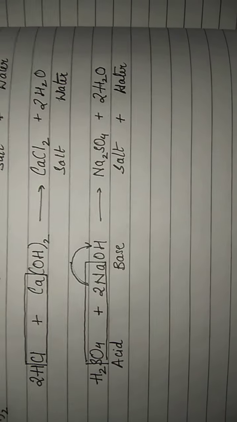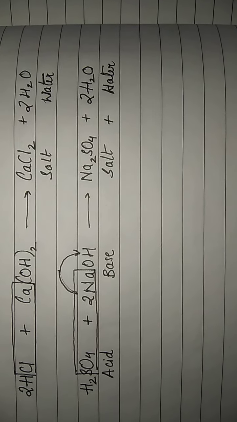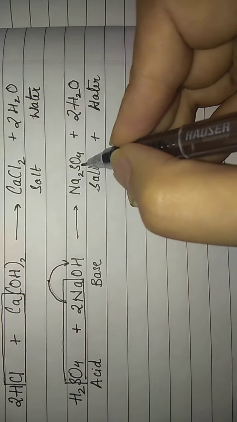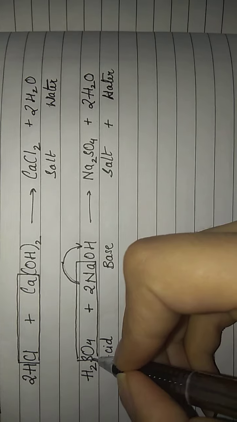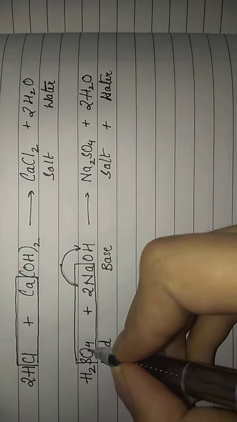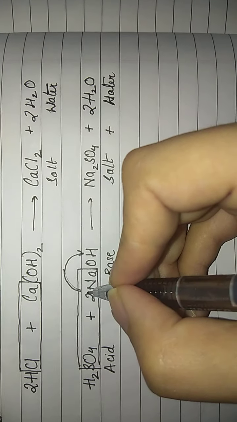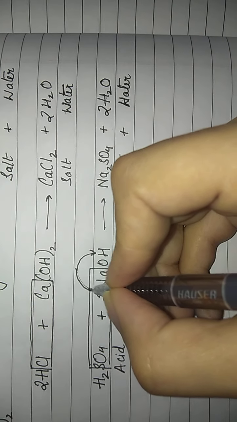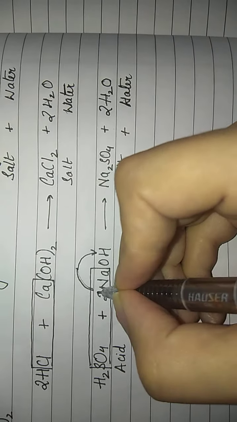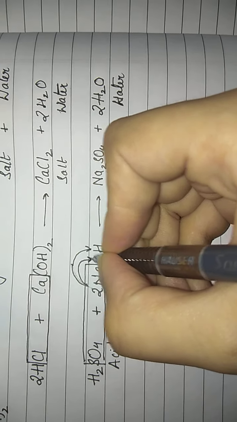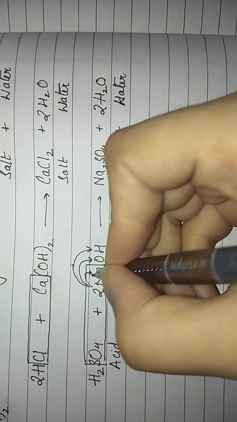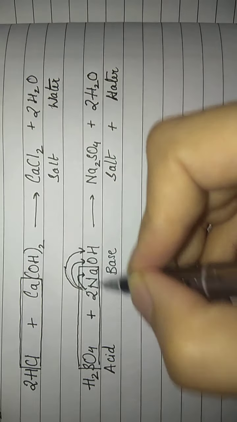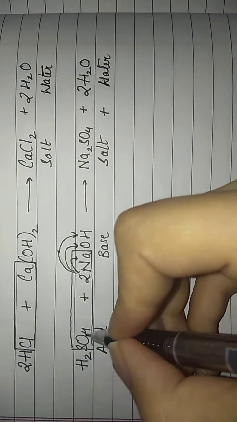Let us separately check for sulfur and oxygen atoms also. I have one sulfur on the left. I have one sulfur on the right. Oxygens: 4 oxygens here. This 2 will be multiplied with everything which is written after it. It will be multiplied with hydrogen also, with oxygen also, with sodium also. So according to this, I have 2 oxygens here and 4 oxygens on this side.